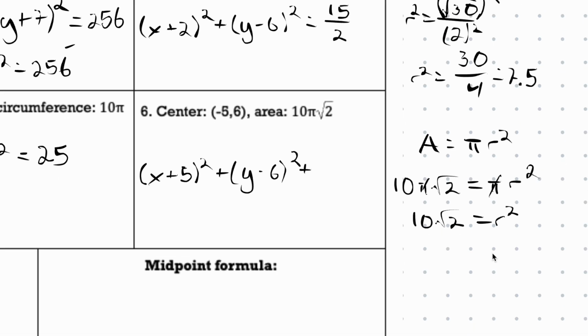What I'm going to do is make this under one radical. So essentially I'm going to say 10 is equal to root 100 times root 2, and that's going to be equal to root 200 just by multiplying those two. So if we go back up here, I'm going to say root 200 equals r squared.